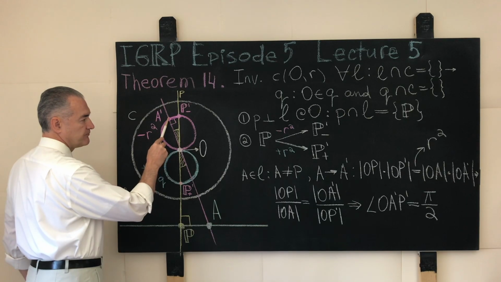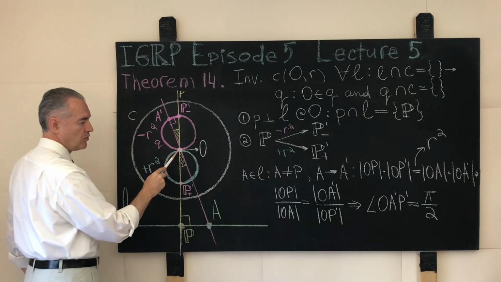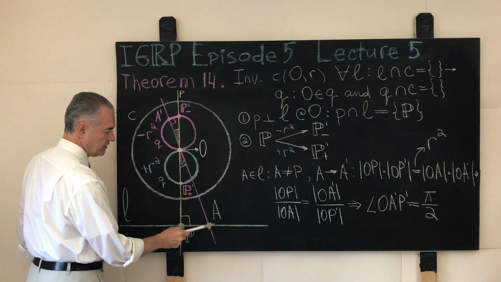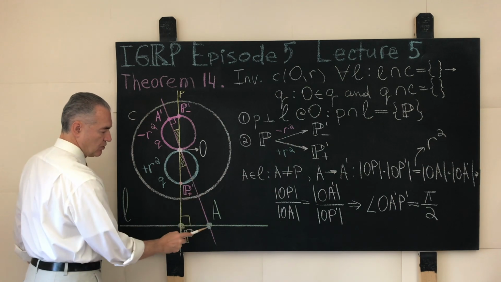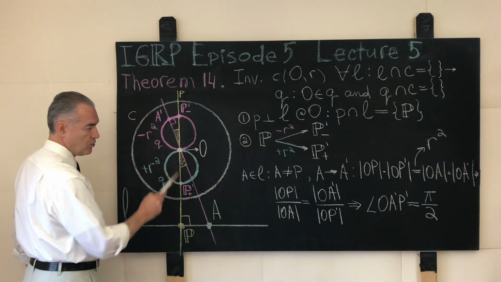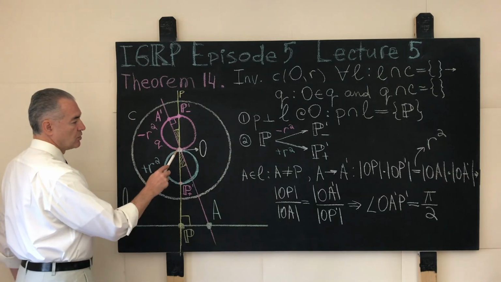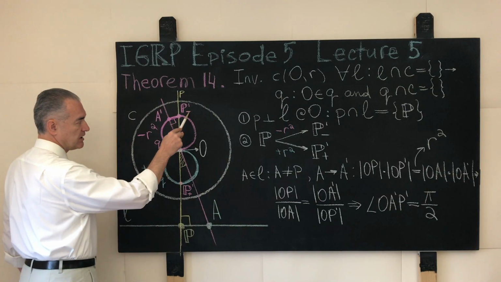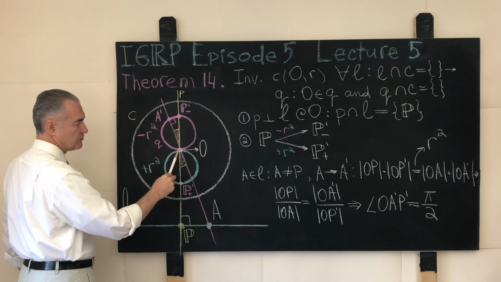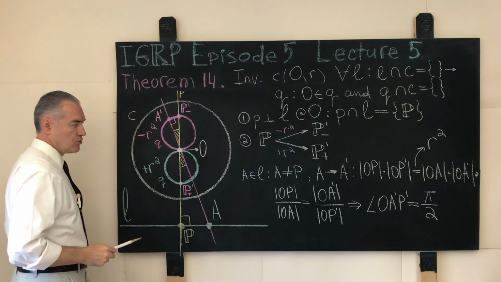OA prime of the triangle P prime minus A prime O, and correspondingly the side OA, technically the hypotenuse of the right by construction triangle APO, corresponds to what? Corresponds to the side OP prime minus, in this case, this side over here of the smaller triangle P prime minus A prime O.